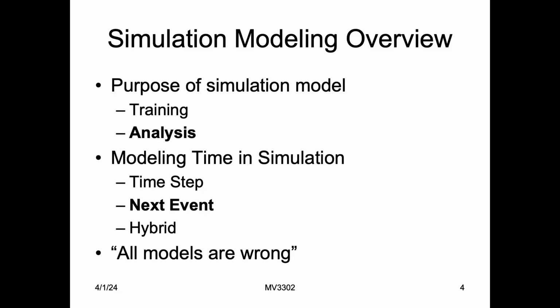In other words, the time between events is not fixed. As we'll see, that allows us to accelerate time as events happen relatively sparsely, and slow down time when events happen very quickly.